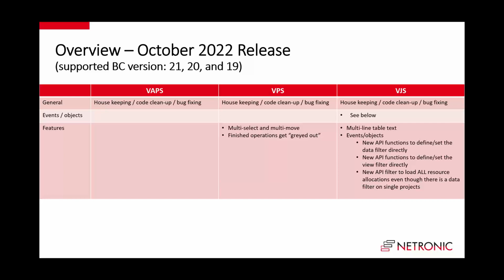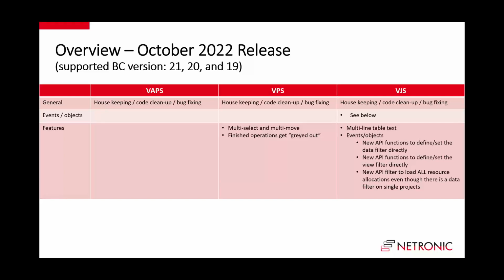Our customers want to go to the job list in Business Central, filter the job list, and then have 5 jobs in that list, press a button, and open the VJS filtered on those 5 jobs that I have in the list. And so this is now possible.